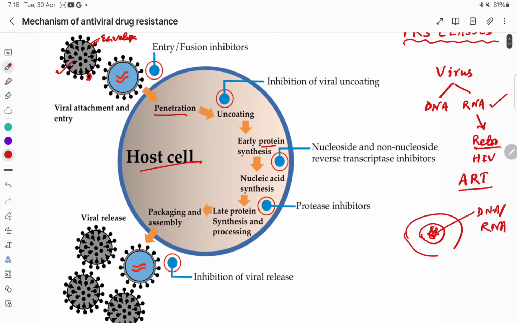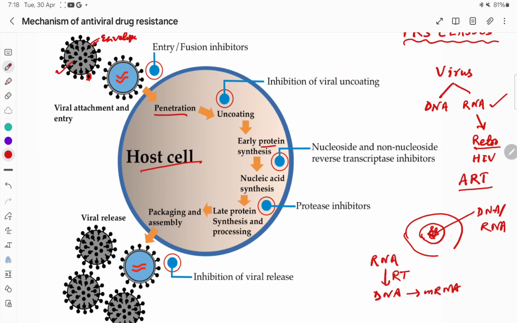And if it is a retrovirus, first RNA, then by reverse transcription, and the enzyme is reverse transcriptase, it is converted to DNA, and then from DNA to messenger RNA, and protein synthesis occurs.